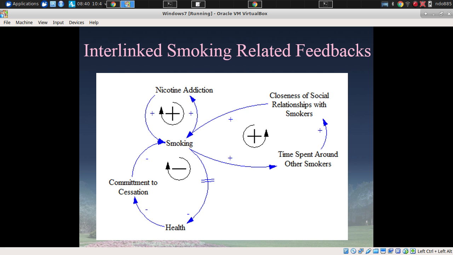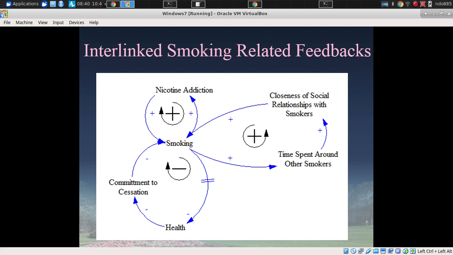Here with smoking, we'll have perhaps this inner loop of nicotine addiction, but smoking may, over time, hence the delay, lead to adverse health effects. Smokers' cough might develop in the first few years, but really serious emphysema, and certainly lung cancers and heart disease, might develop only over many decades.